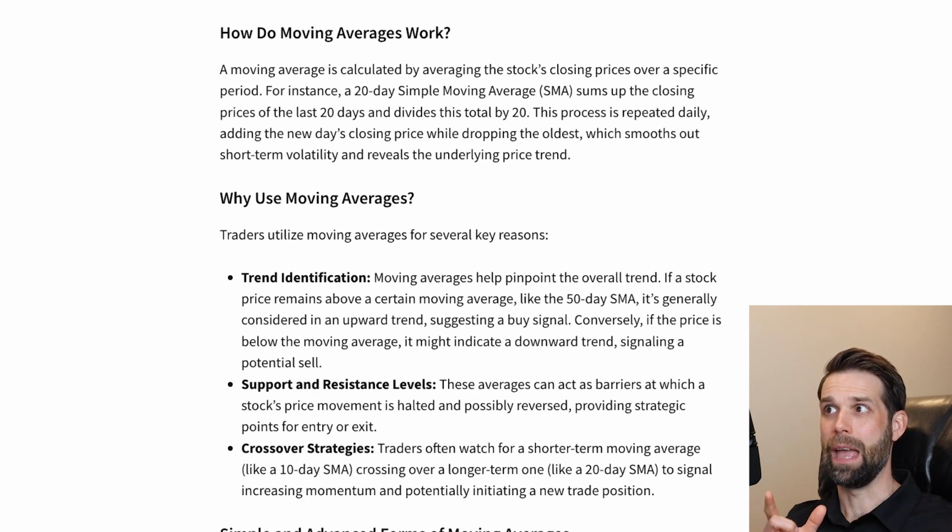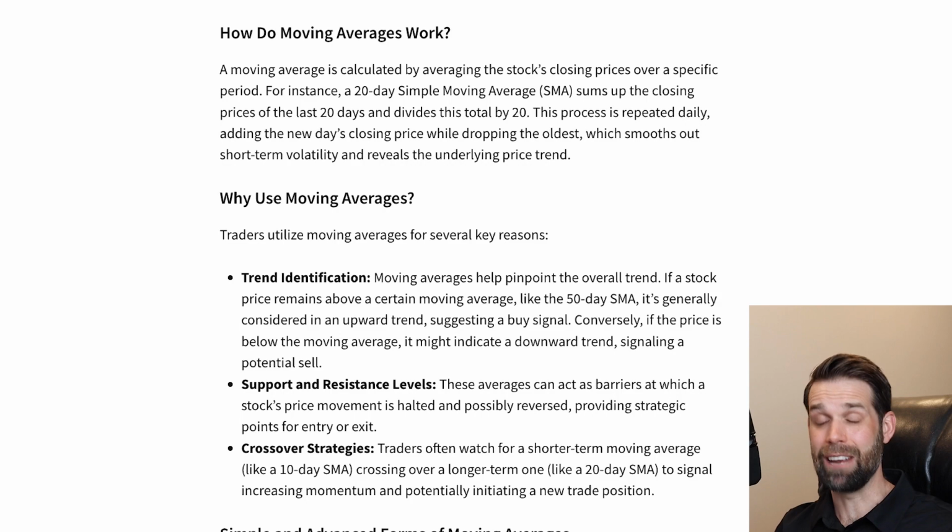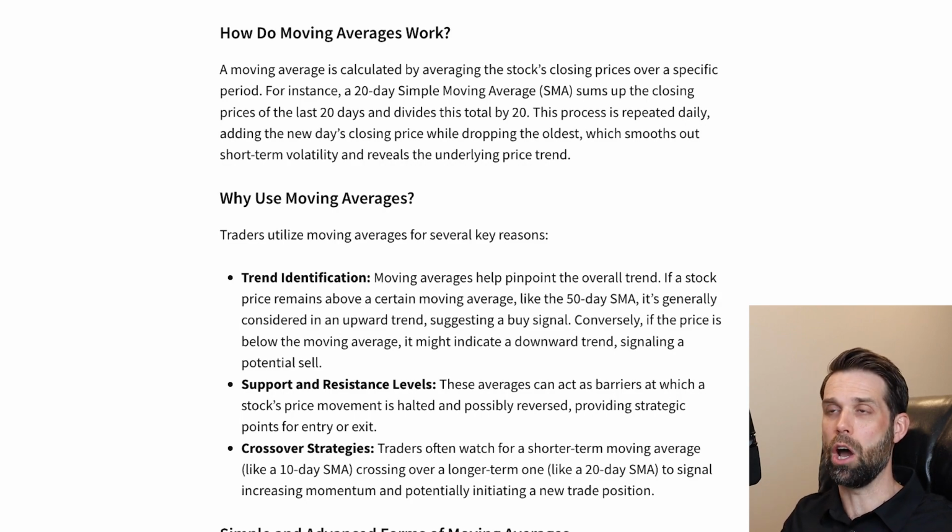And you've got a 20-day moving average that just goes on as the stock moves from day to day, and that's going to smooth out any short-term volatility and reveal the underlying price trend. Very simple to understand and very simple to see visually on a chart as well.